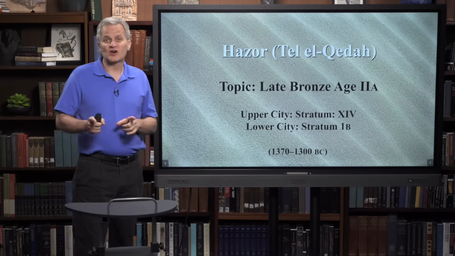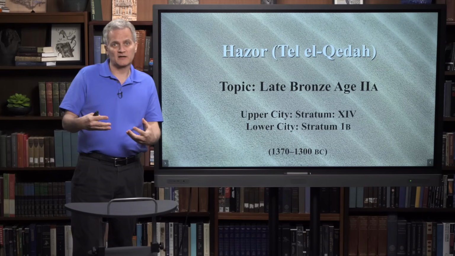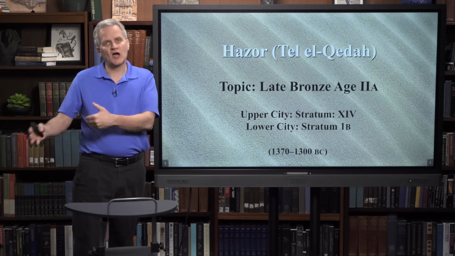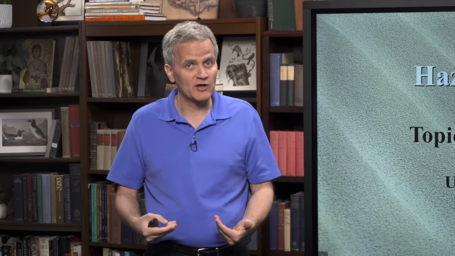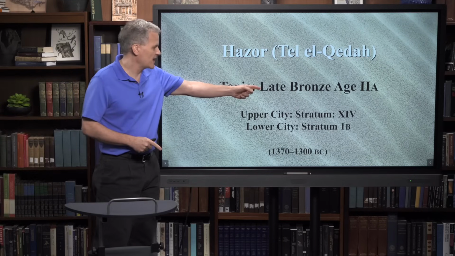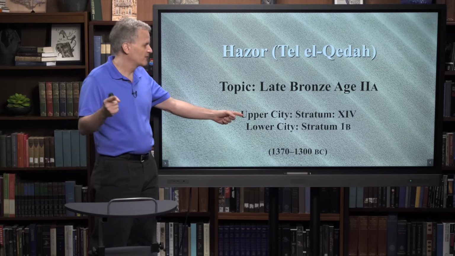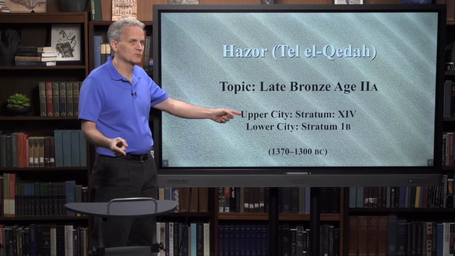So now we begin our study of the strata, or the occupational levels at Hazor that followed the conquest. So what was the occupational phase right immediately after the conquest? That is Late Bronze Age 2A, and in the upper city, it's known as stratum 14 in Roman numerals.